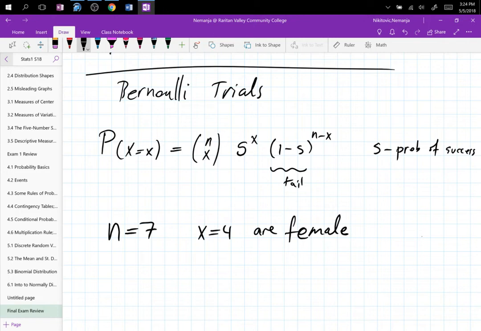You are looking for a female kitten. When you see one, you label that as a success. When you see a male one, you label it as a failure, right? So you say that the probability of success is a half, and the probability of failure, which is 1 minus p, is also 1/2, because when you see a female kitten, that's what they're looking for, that's called a success, and that's 1/2. The male in that case would be a failure.